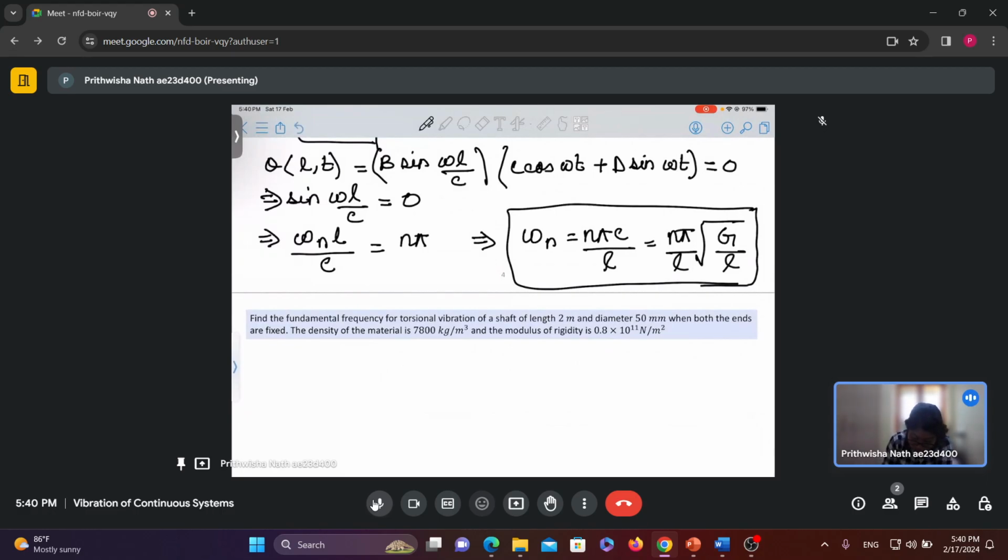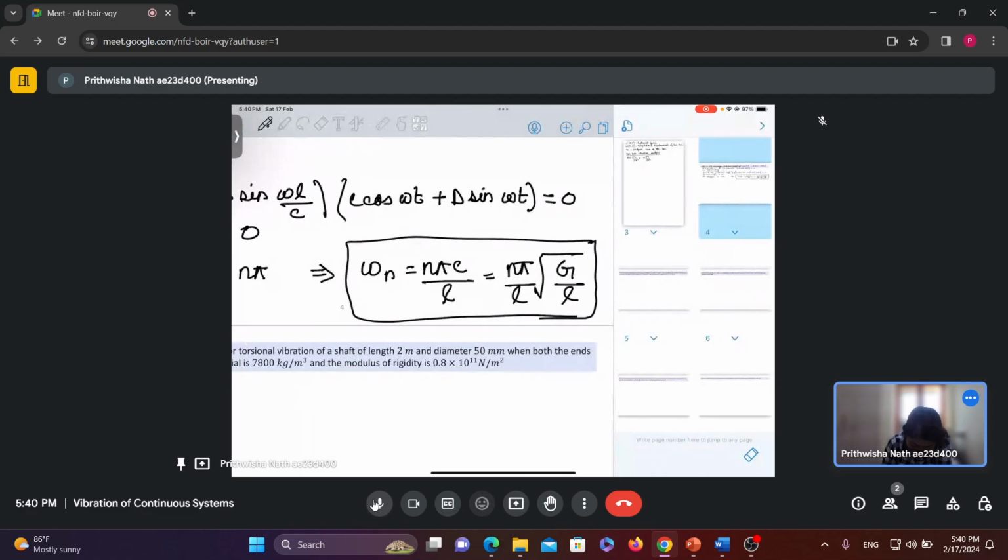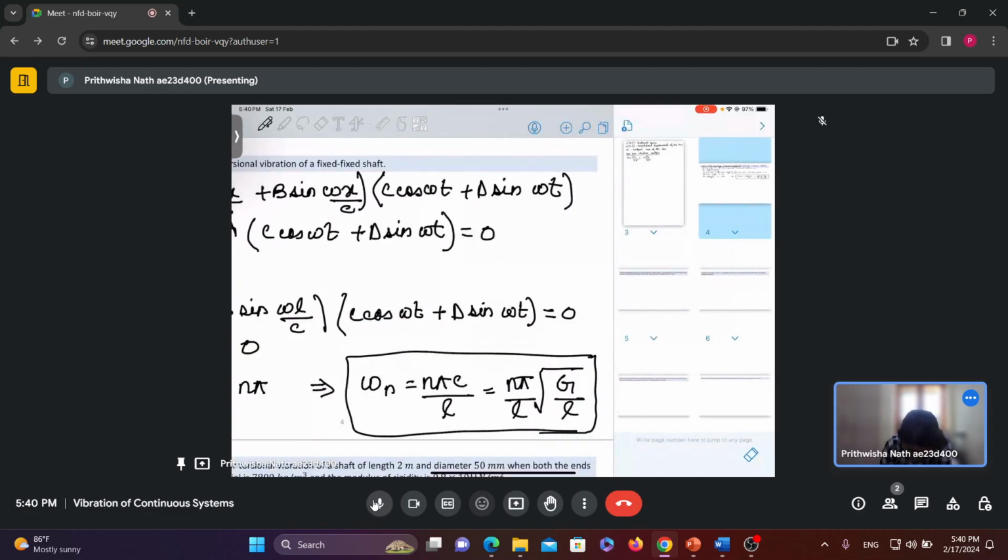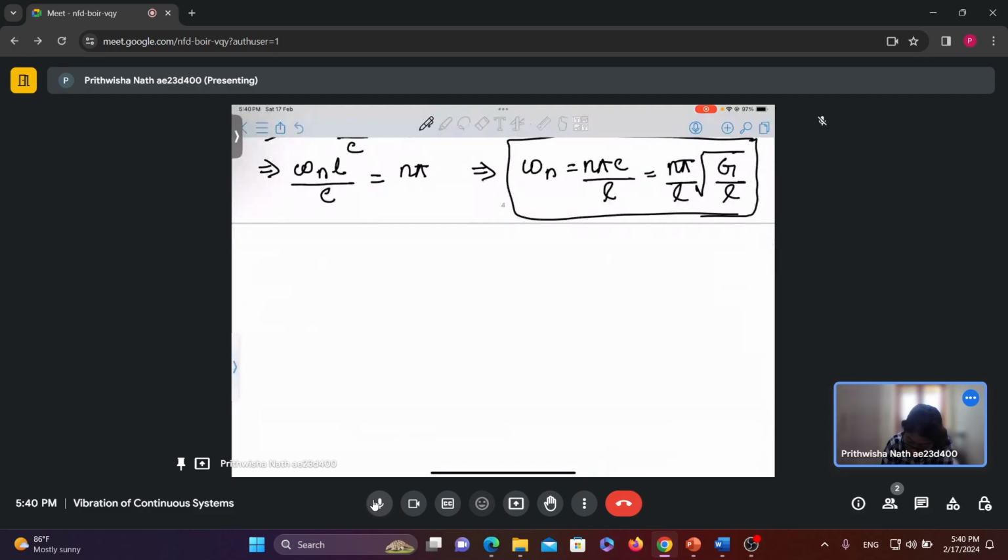In the previous question, G was modulus of rigidity, and rho was mass per unit volume. So we will use this formula for the second question.